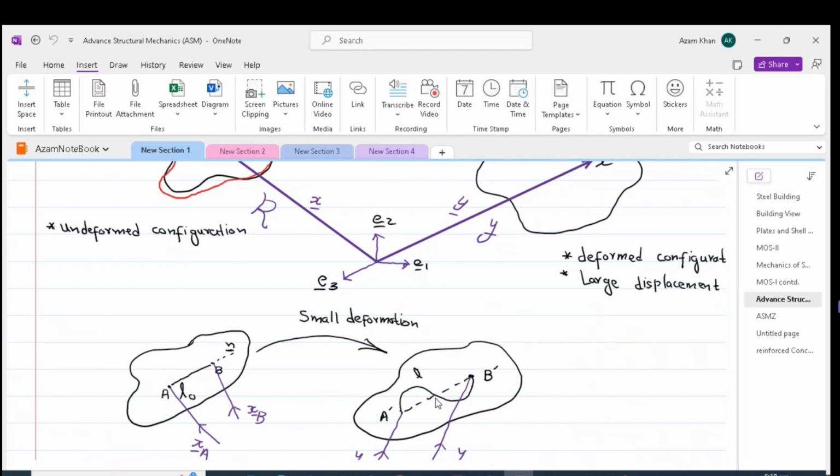It is not possible that two particles occupy the same point in space. Neither can a single particle occupy more than one position. These conditions ensure that the material doesn't break or tear off, and there is no damage. So we are purely in an elastic domain.